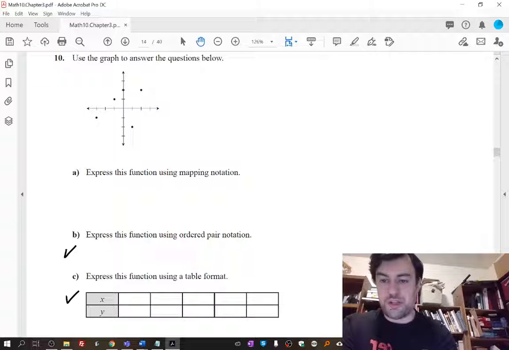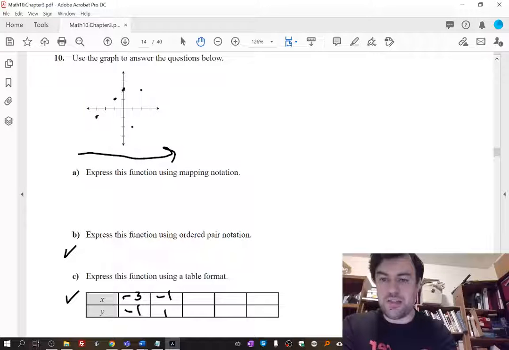So I might start with this one here. I'll probably go across this way, across the x values. So the x value is negative 3, and its y value is negative 1. And that would be one ordered pair. This next one here is negative 1 for x and positive 1 for y.